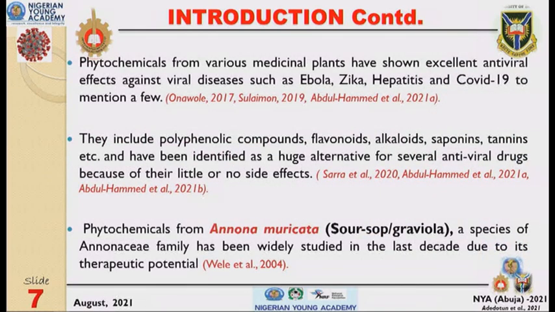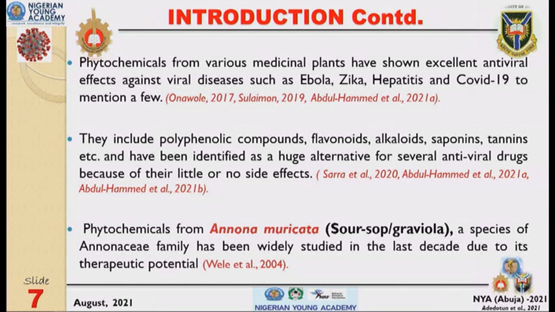Next slide. As we all know, phytochemicals from various medicinal plants have shown antiviral effects against various viral diseases, such as Ebola, Zika, hepatitis, and COVID-19, as reported by Olaide 2017 and one of our works in 2021, Abdulhamid et al. These compounds include the flavonoids, the alkaloids, the saponins, the tannins, just to mention a few.